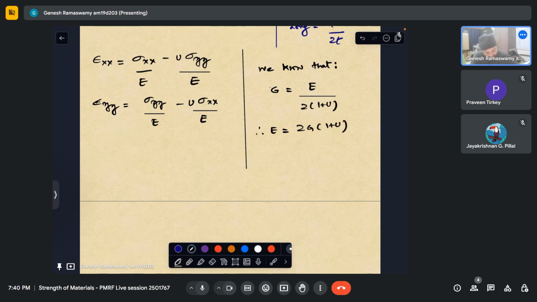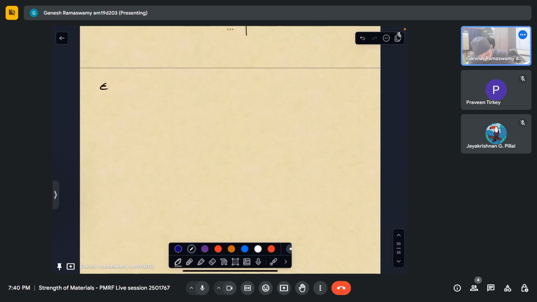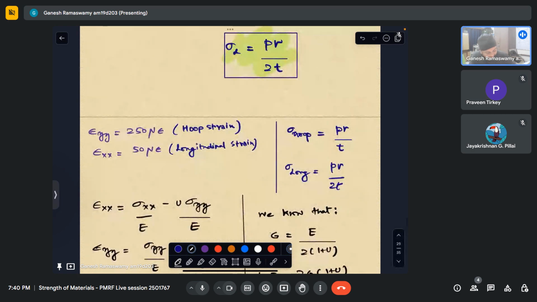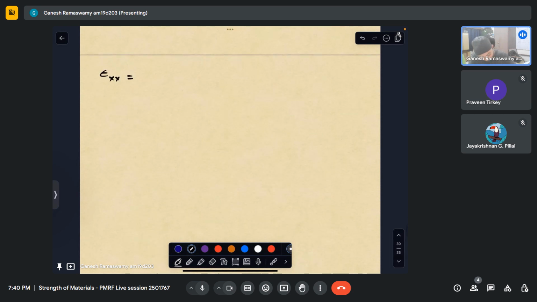So substituting all this, we will get epsilon xx, where this is sigma xx and this is sigma yy. So this is PR by 2TE minus mu times PR by TE.